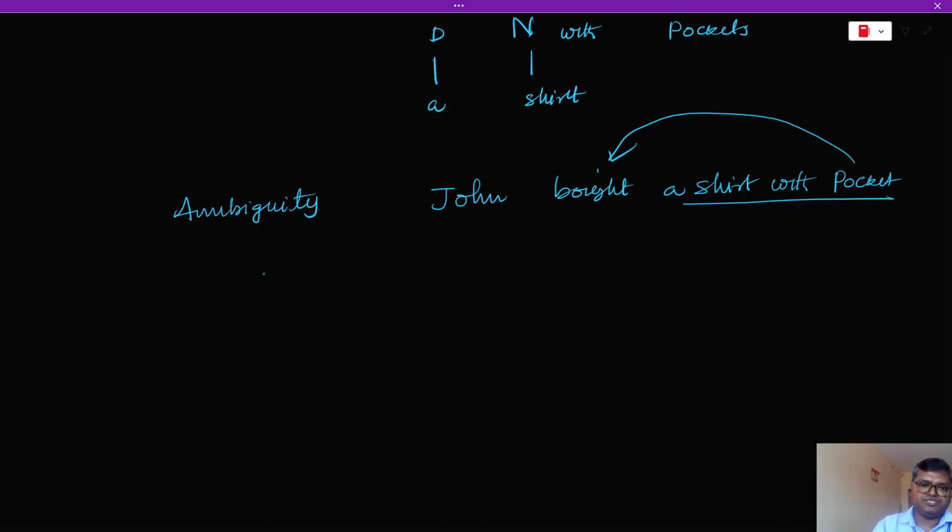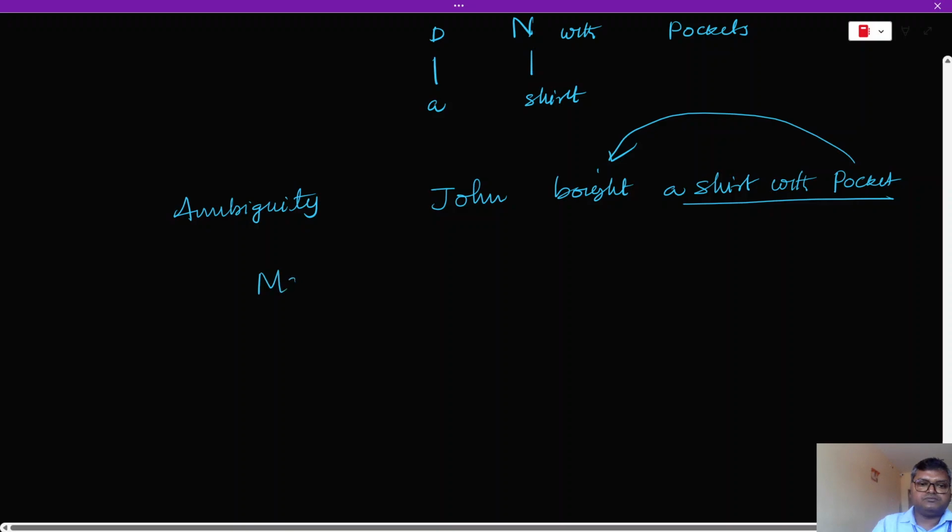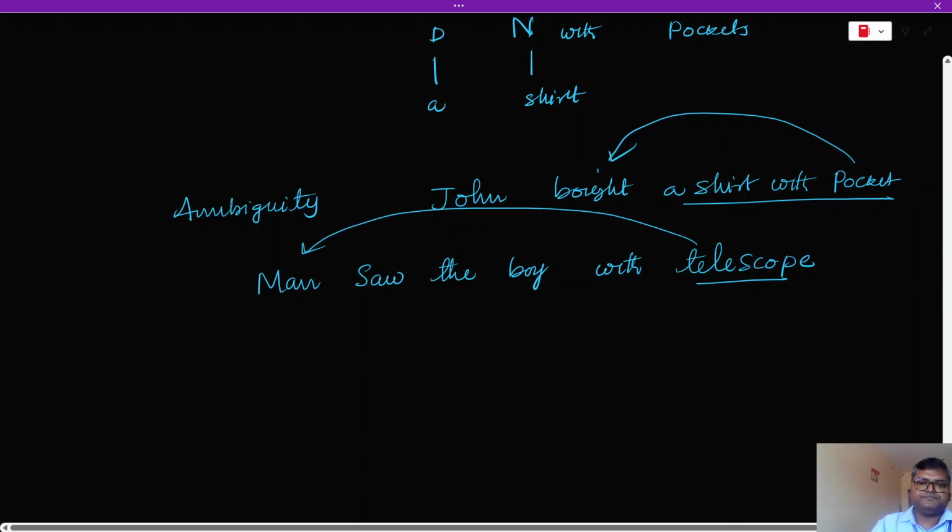For example, another sentence: man saw the boy with telescope. What is the ambiguity here? Is this telescope in the hands of the man?